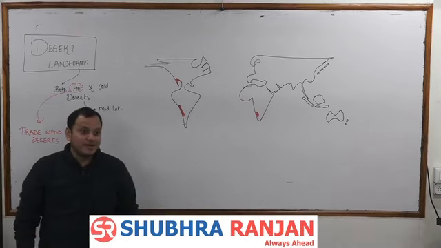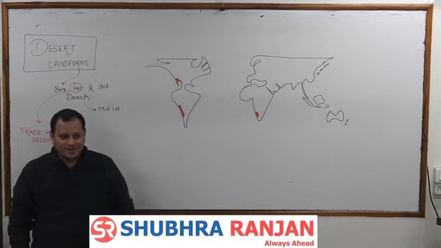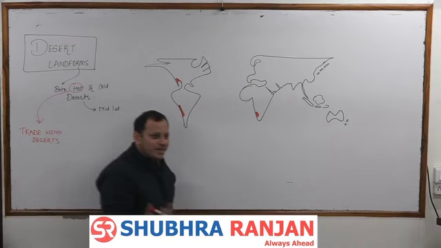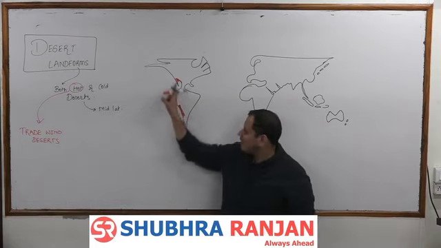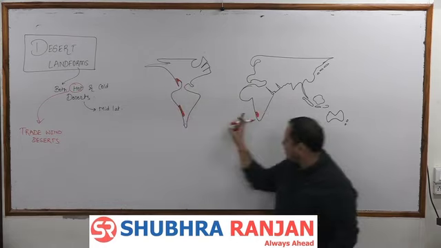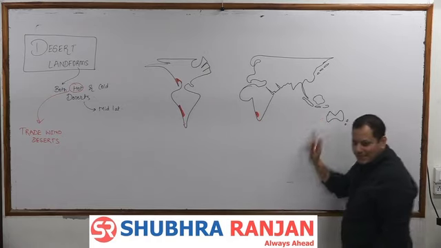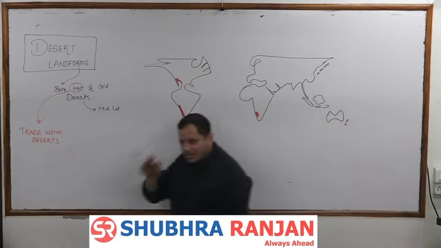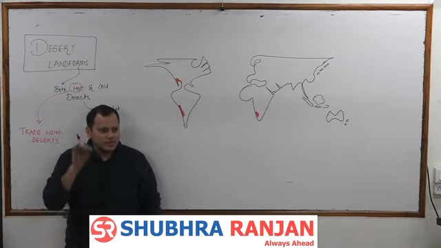तो cold currents are always near hot deserts. हमने किया था ये. Cold current कहाँ पे होते हैं? Hot deserts के पास. यहाँ पे भी तो cold current है. Here also there is a cold current. So many class notes have given Atacama as a cold desert, which is wrong.